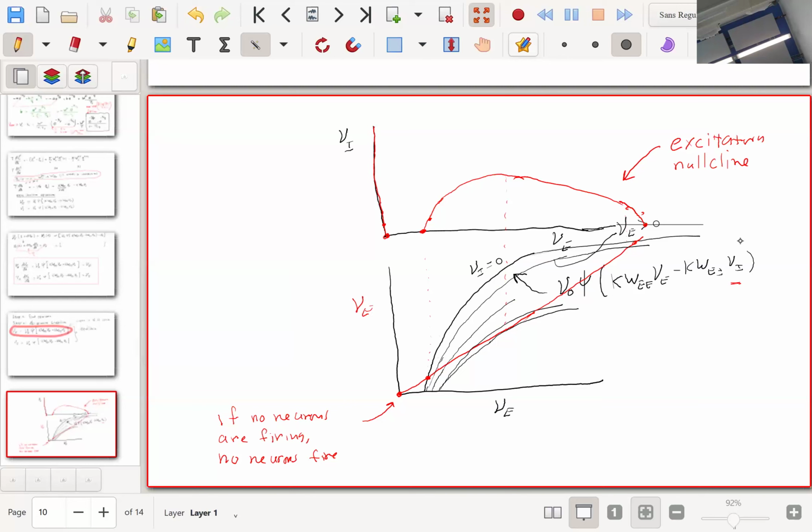In some sense, this should be kind of intuitive. If I fix all the firing rates of the inhibitory neurons, the network can have three firing rate states. The network can be just shut off, no neurons fire. That's this point here. Or it can fire at a really high rate, right?